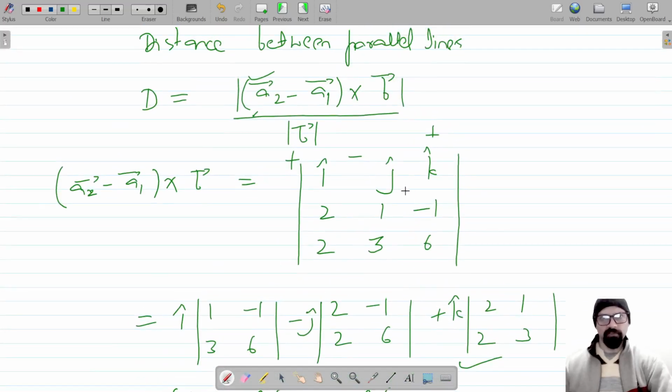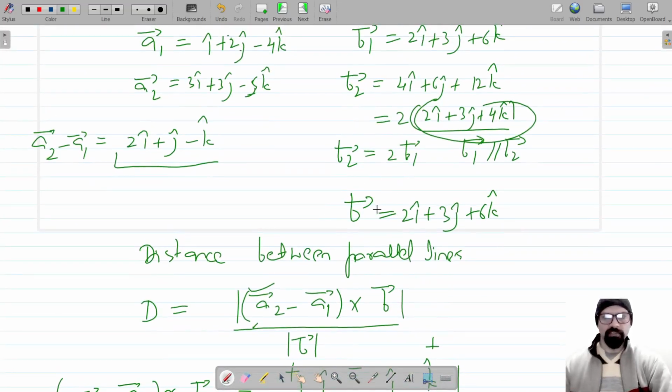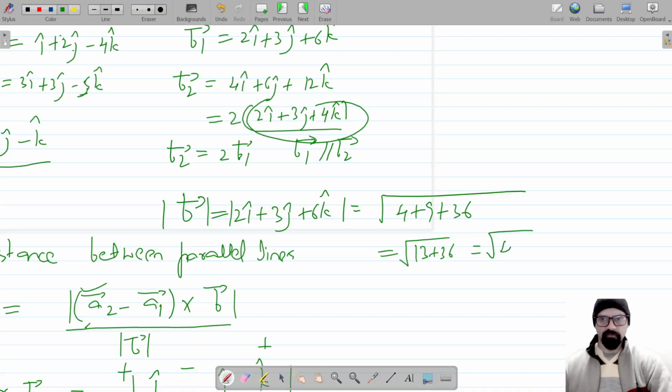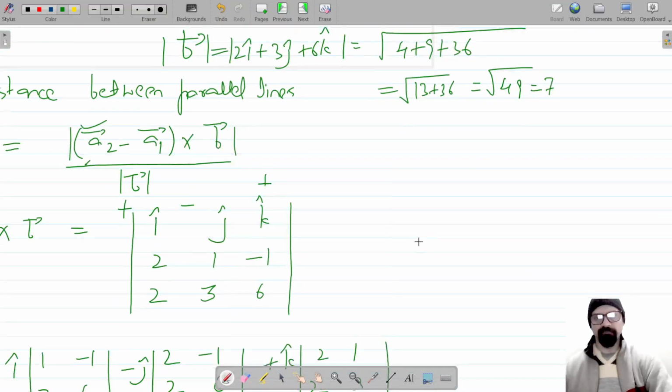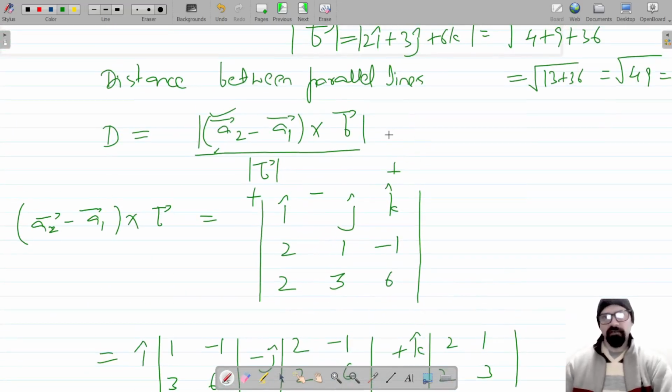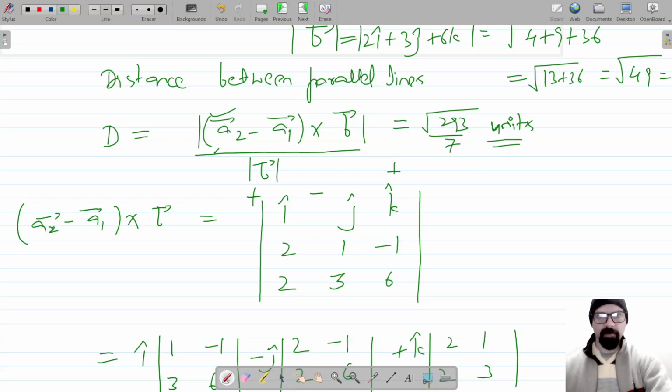And let's also find out the magnitude of B. So this is B, and let's find its magnitude, which is the sum of the square of the scalar components, 4 plus 9 plus 36, which is equal to 49, and that is equal to 7. Okay, let's write down the values here in the formula. So this is under root 293 by 7 units is the distance.